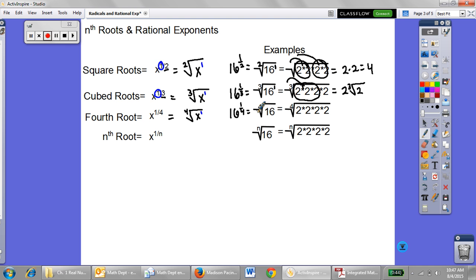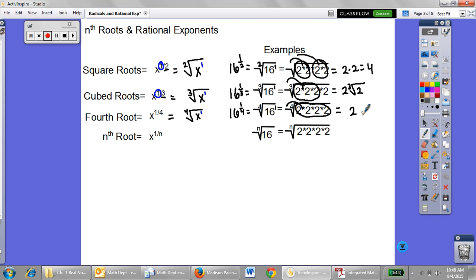We write that as the fourth root of 16. And really there is a 1 here as well, which we don't need to write. So we have the same thing, 2 times 2 times 2 times 2. This time, with fourth root, we're looking for 4, so a group of 4 of the same number comes out. So the fourth root of 16 is 2.